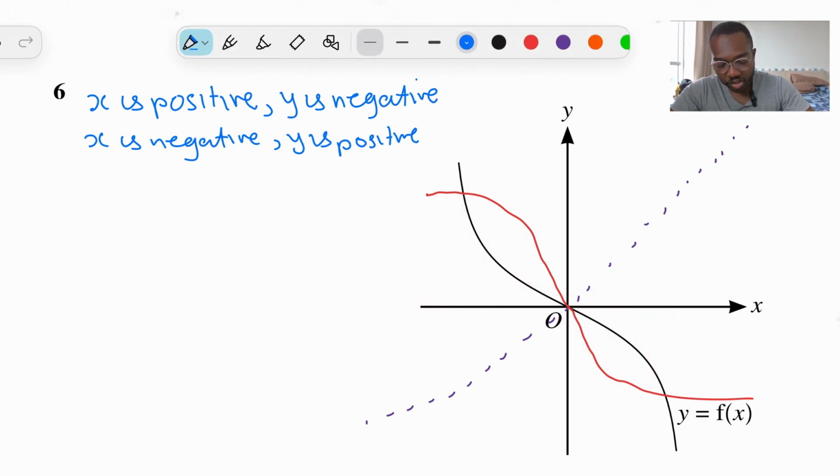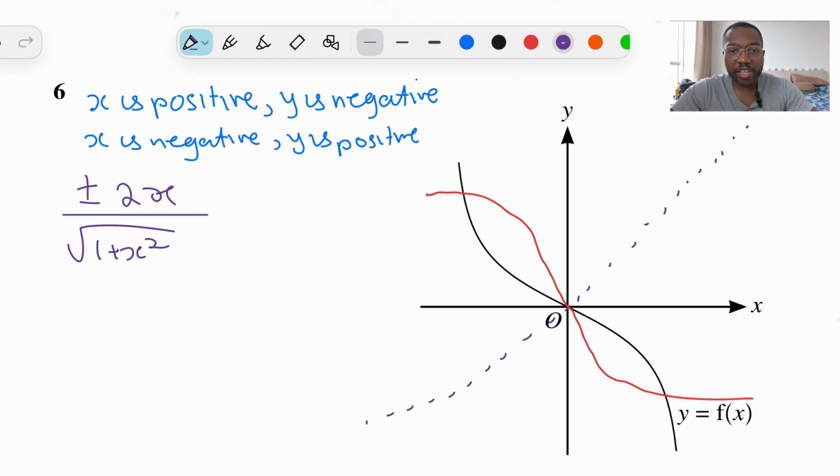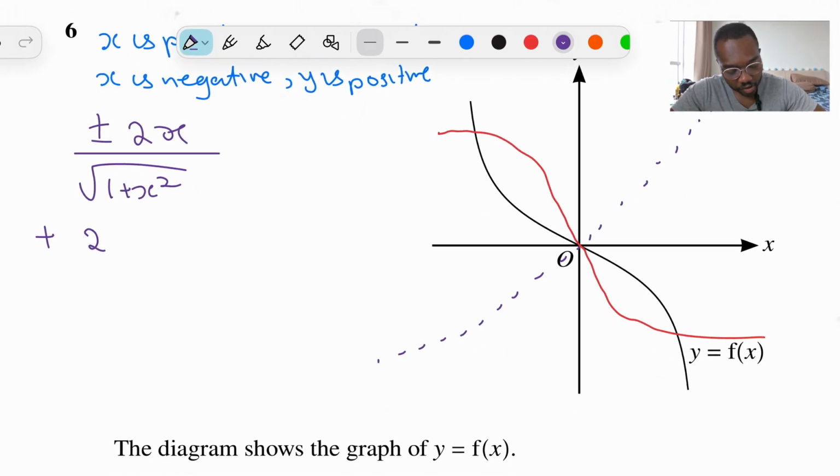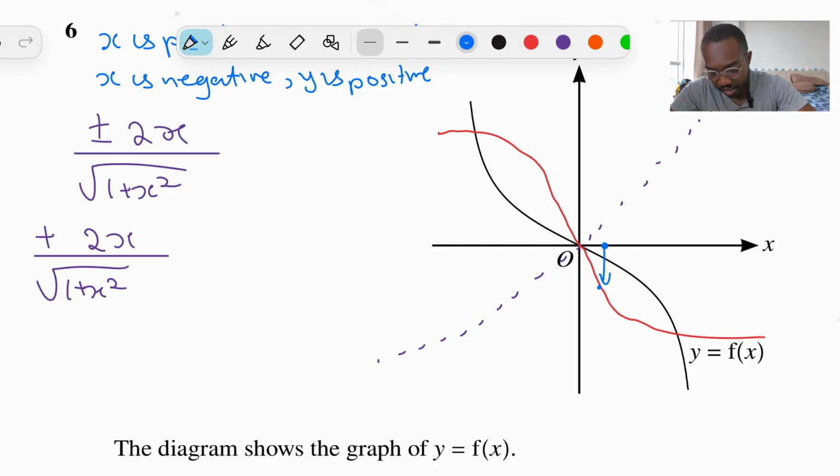So when we have our question here, where we have plus or minus 2x over the square root of 1 plus x squared, if we think about values for x, let's say we look at positive 2x over the square root of 1 plus x squared, and we take a positive value for x, let's take 1. So let me draw on, let's say this is x equal to 1. Well, we know that this value will be here.